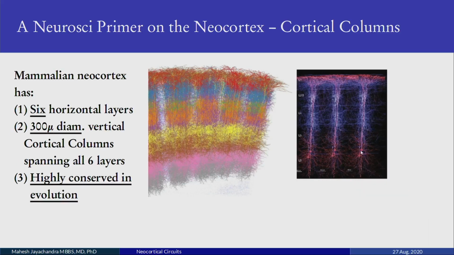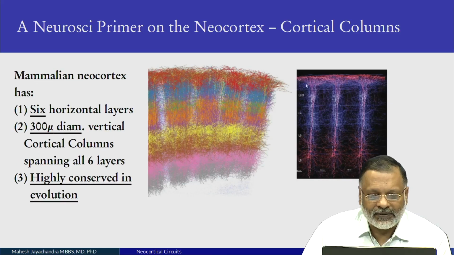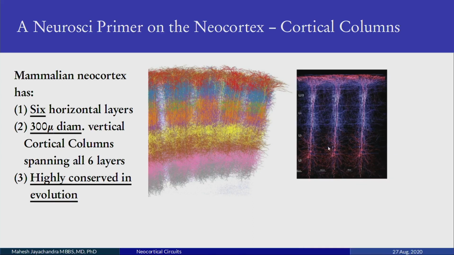Remember the 2-3 millimeter gray layer. Here you have layers 1, 2, 3, 4, 5, 6, and you have this horizontal structure. You also have a vertical structure in the form of these columns, and these columns are approximately 1/3 of a millimeter, 300 microns in diameter, and they span all the 6 layers.